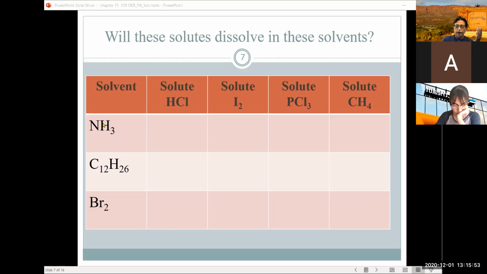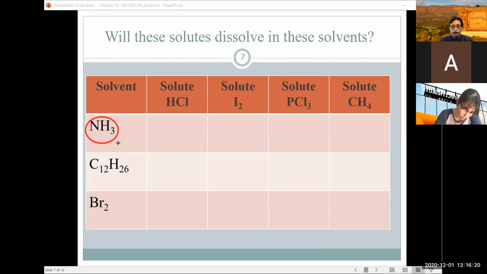Okay, so NH3, ammonia. Does anyone remember? This is ammonia right here. If you didn't know whether this compound was polar, what could you do to determine its polarity? The Lewis dot structure. Exactly.